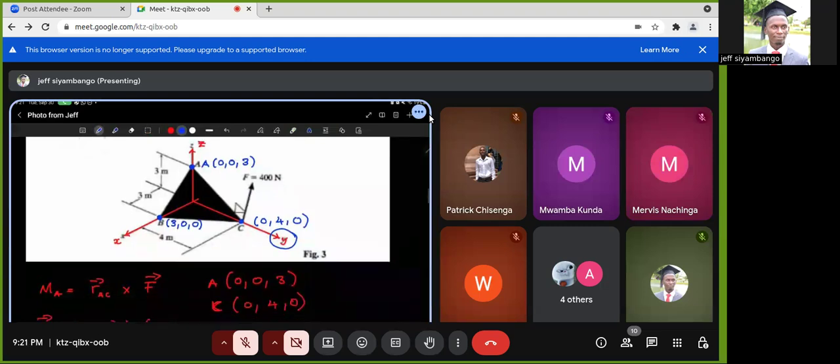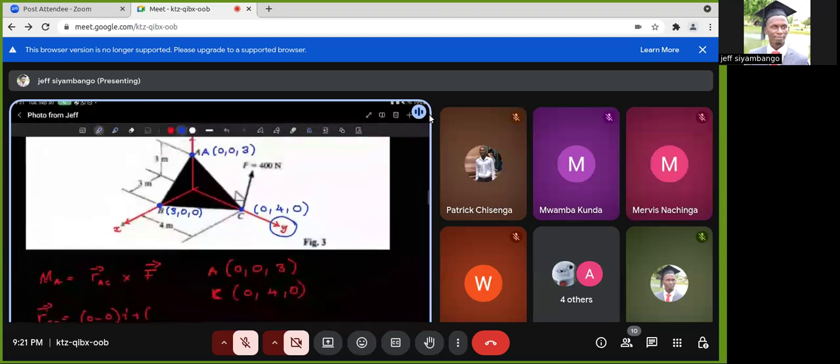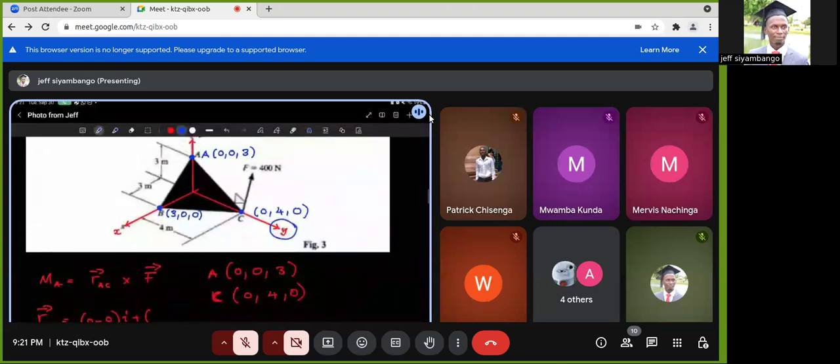That is correct. So let's proceed then. Now that we see how to obtain the coordinates, we can use them to get the displacement vector.